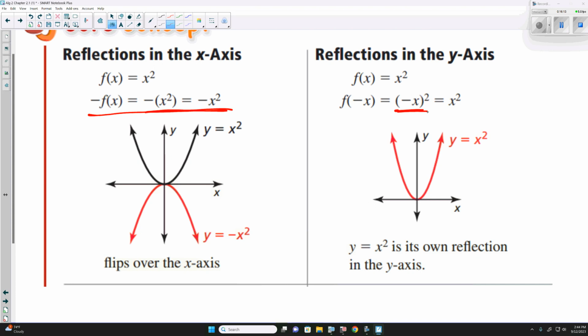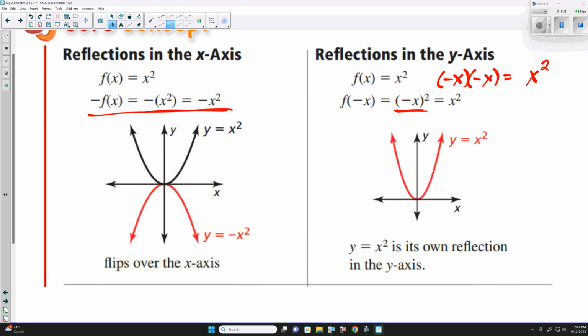Now, as it says here, negative x in parentheses squared is the same as x squared. Well, that makes some sense because negative x times negative x. Well, our x times x is indeed x squared, yes? What's a negative times a negative? So it's just x squared.